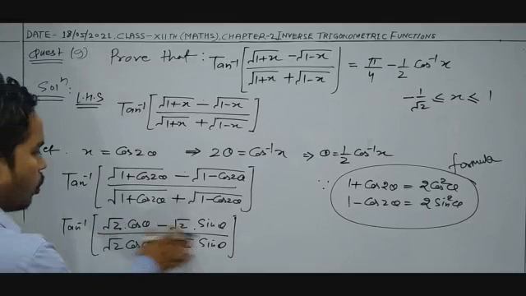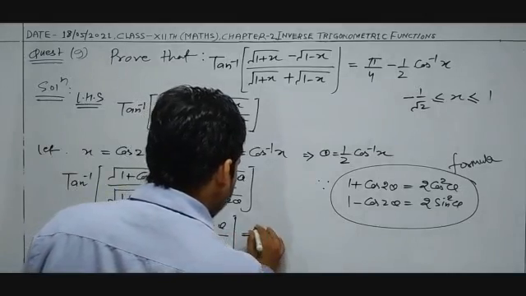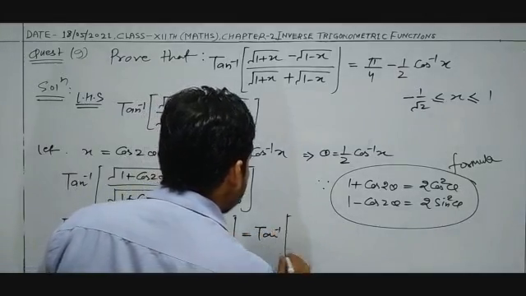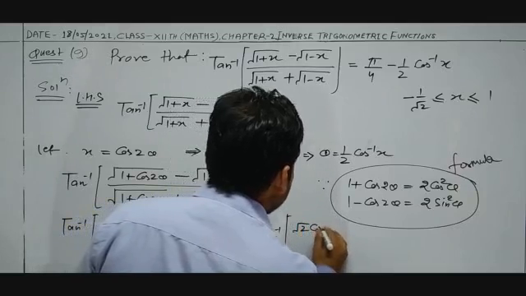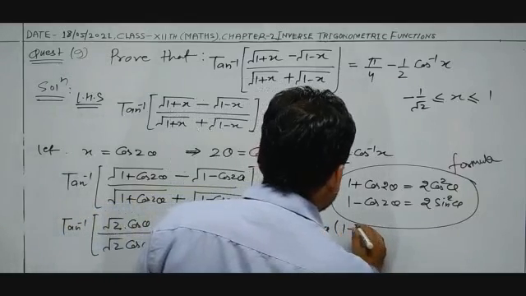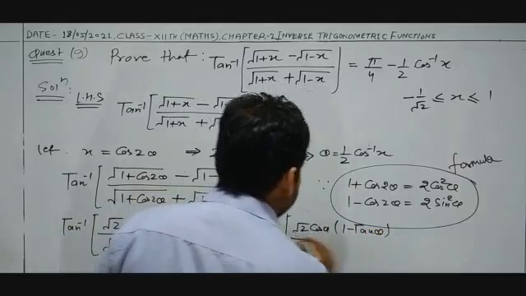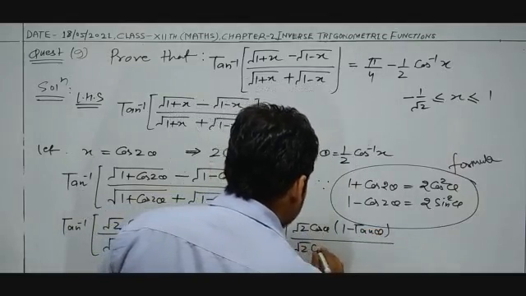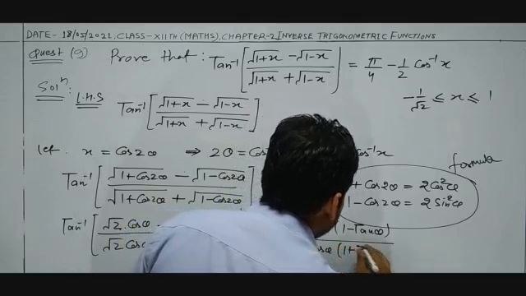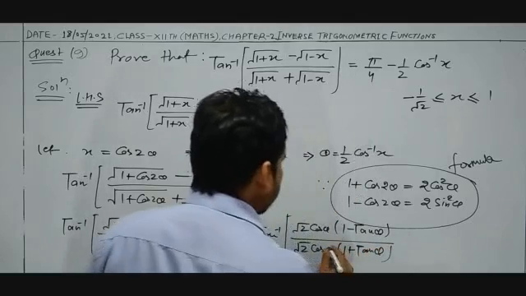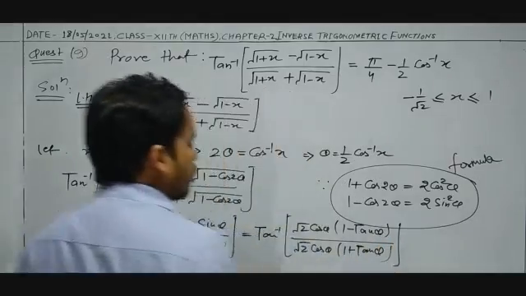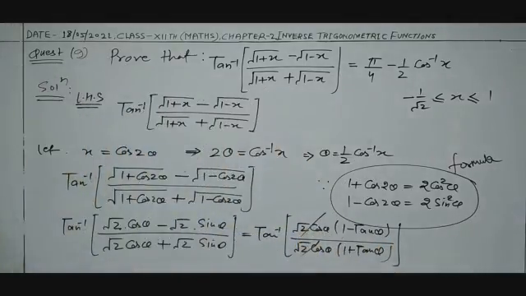Take root 2 cos theta common, so tan inverse, root 2 cos theta is common, so 1 minus tan theta whole upon 1 plus tan theta. This will cancel out, 1 minus tan theta whole upon 1 plus tan theta.